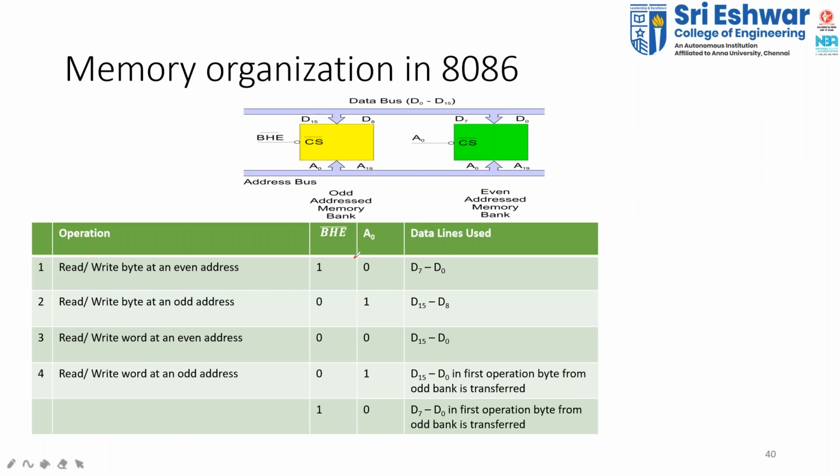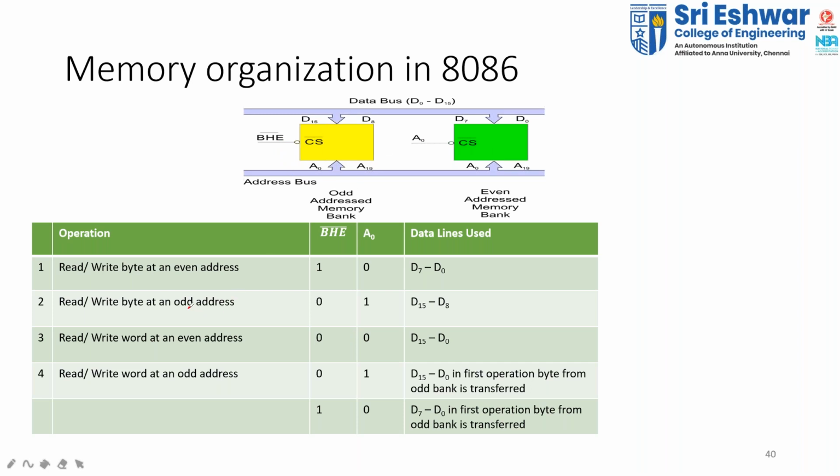If I give 1 to BHE bar, what happens? Read and write a byte at an even address. I can read and write at the even address. BHE bar is active low, A naught is active high. If A naught is 1, the even bank will be active. If BHE bar is 0, then the odd bank is active.